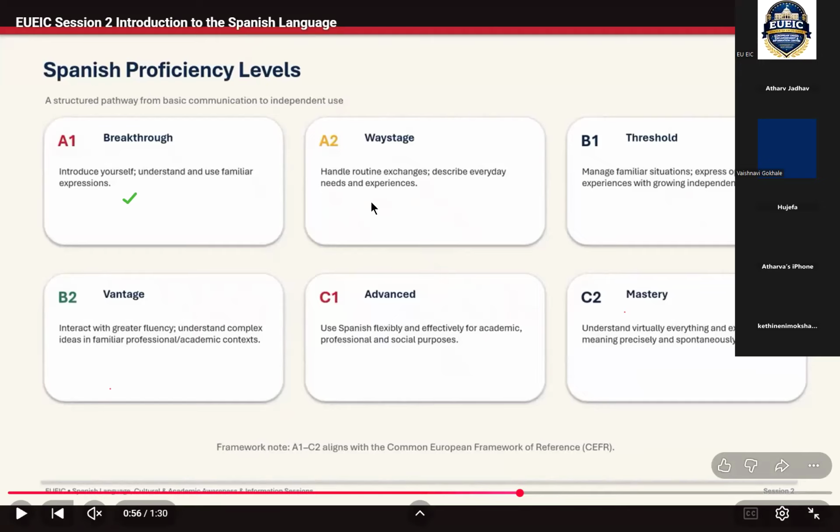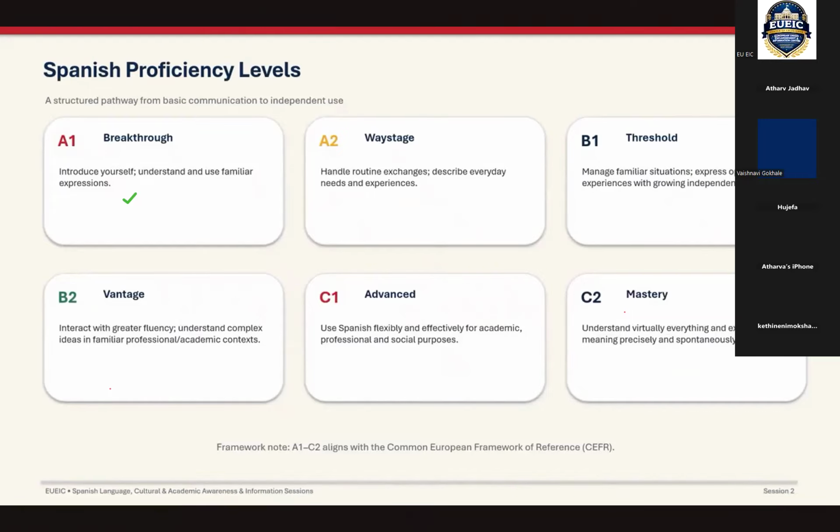So if you combine the A1 and A2 level, it is going to be very beneficial for you because then it will be easy for you to communicate with basic knowledge of the language. It's kind of everyday language. Okay. So you'll be able to handle routine exchanges or describe your everyday experiences.